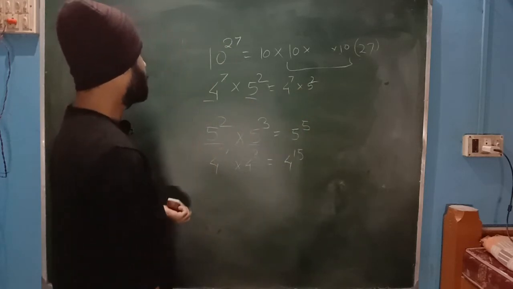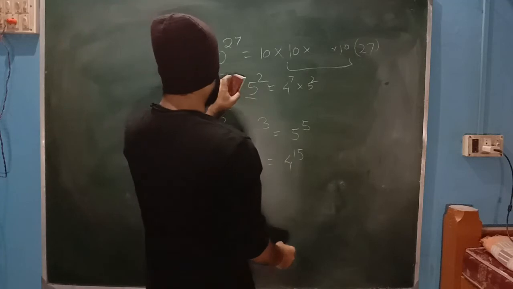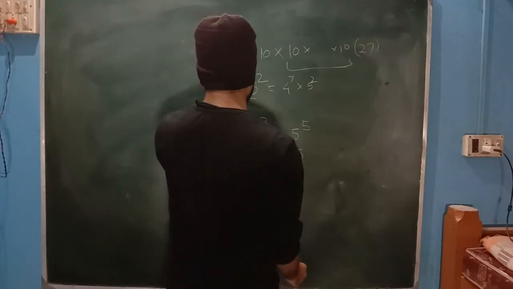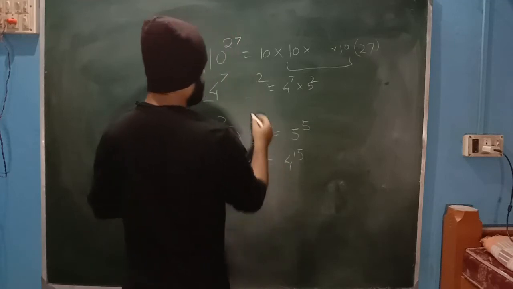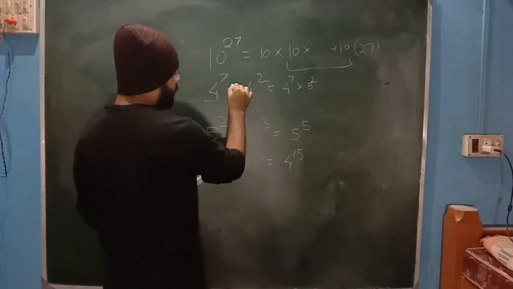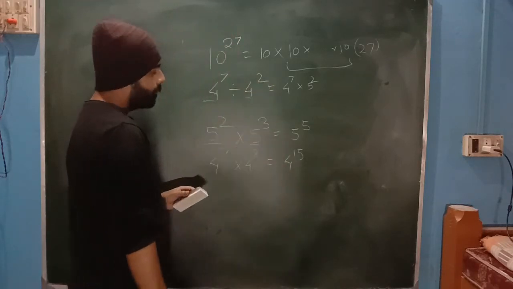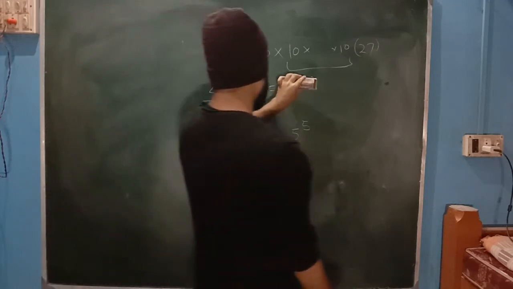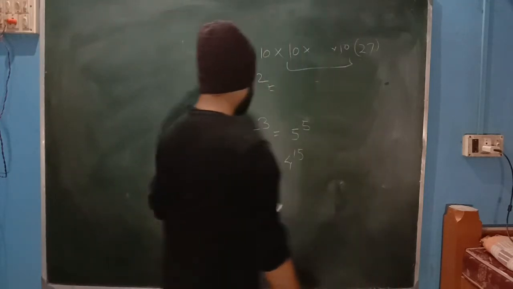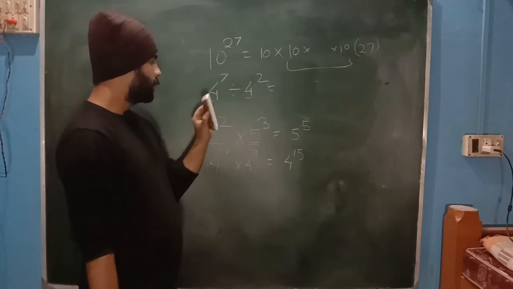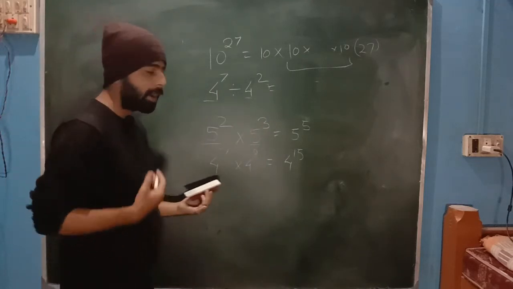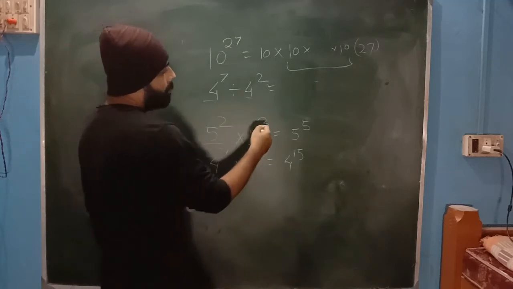Alright, so now we can see if the base is the same, we can add up. But what if we divide? If I am going to divide 4 to the power 7 by 4 to the power 2, what will happen? For multiplication it is summing up or adding, but here it will be minus.